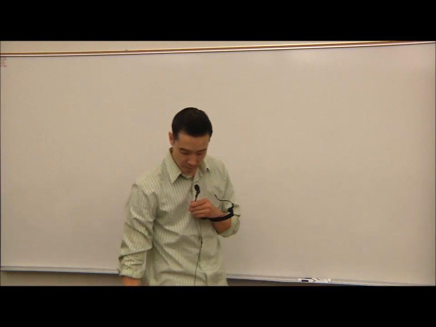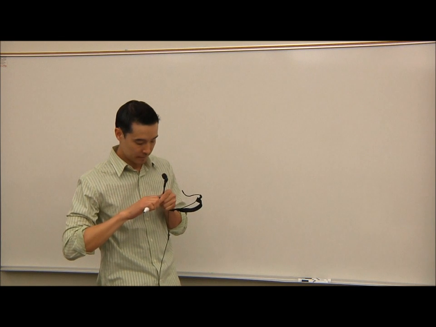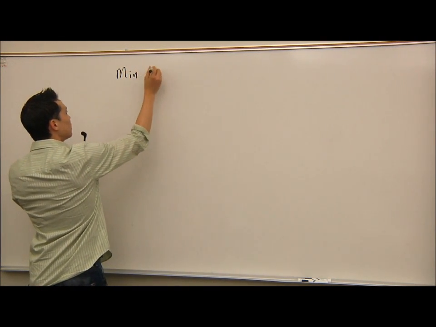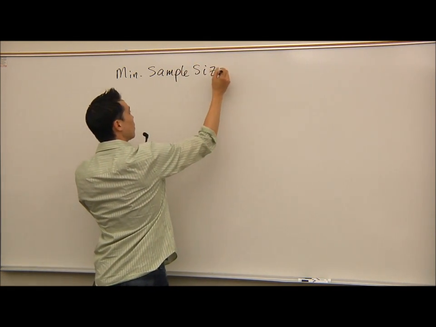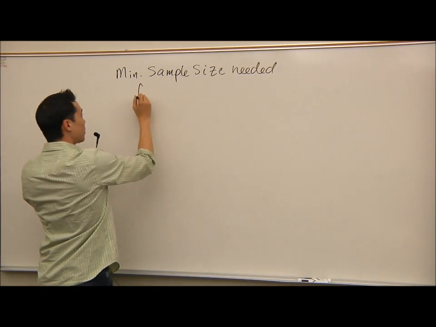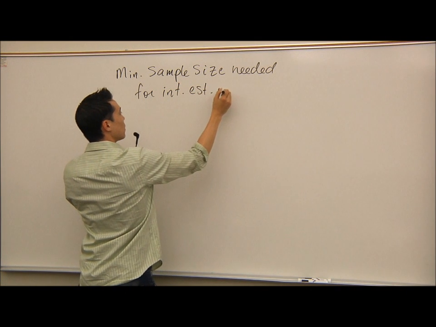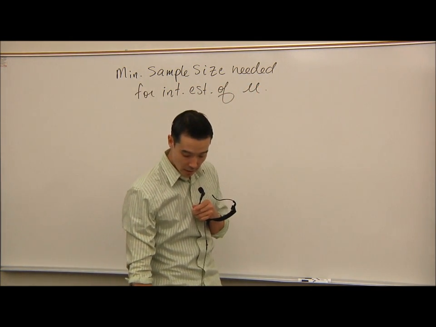Okay, this is a formula for the minimum sample size needed, for what we were looking at, an interval estimate of mu. Okay, let's take a look at what this formula looks like.